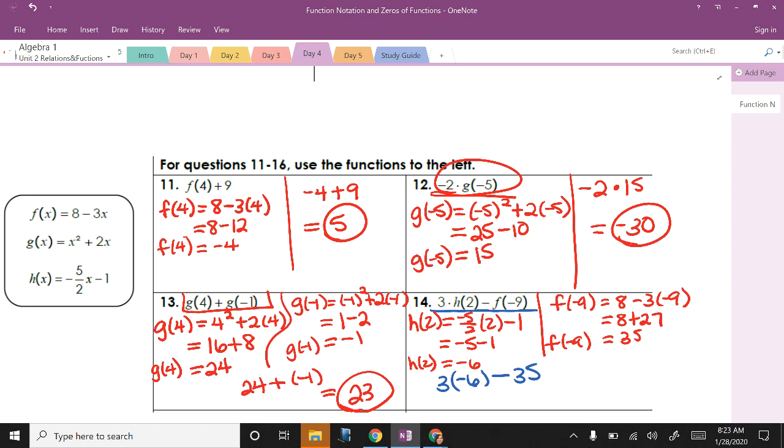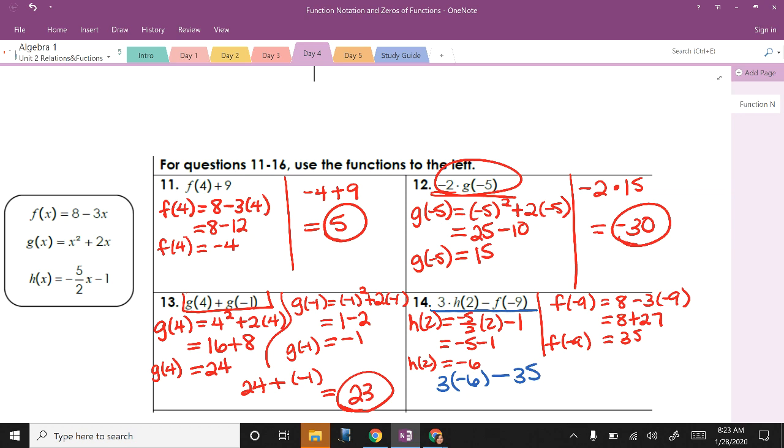So it's like these are variables that you're plugging in. This is a number we already found is negative 6. This is a number we already found is 35. 3 times that number minus that number. Does that make sense? Is that clearer? Okay. Now we just do the arithmetic.